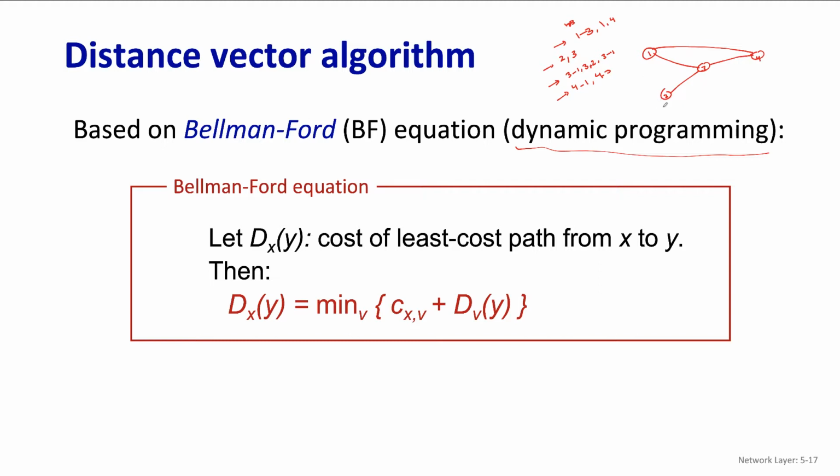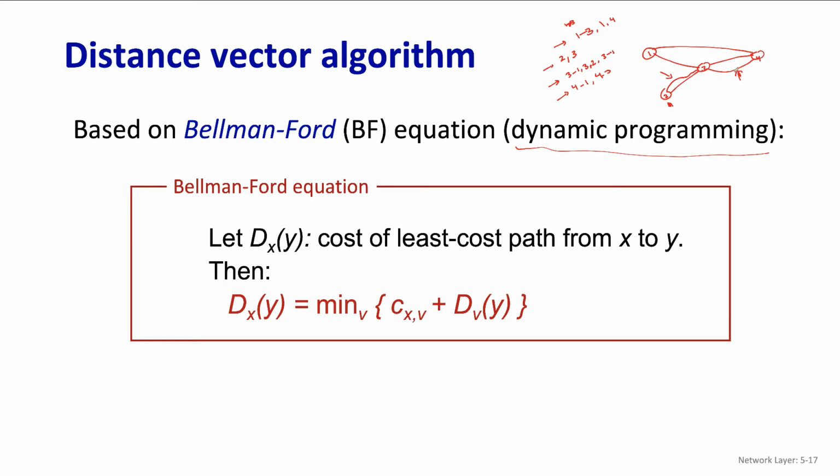So for example, let's say I'm standing here and I want to know how to get to number 4. I already know how to get to number 4 from 3, right? So all I have to do is calculate this area here, and I don't care about this because it's already calculated.